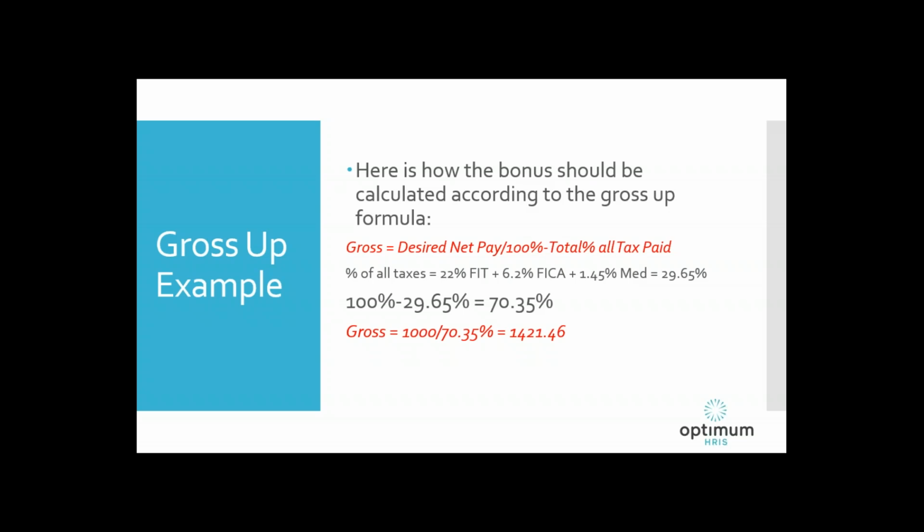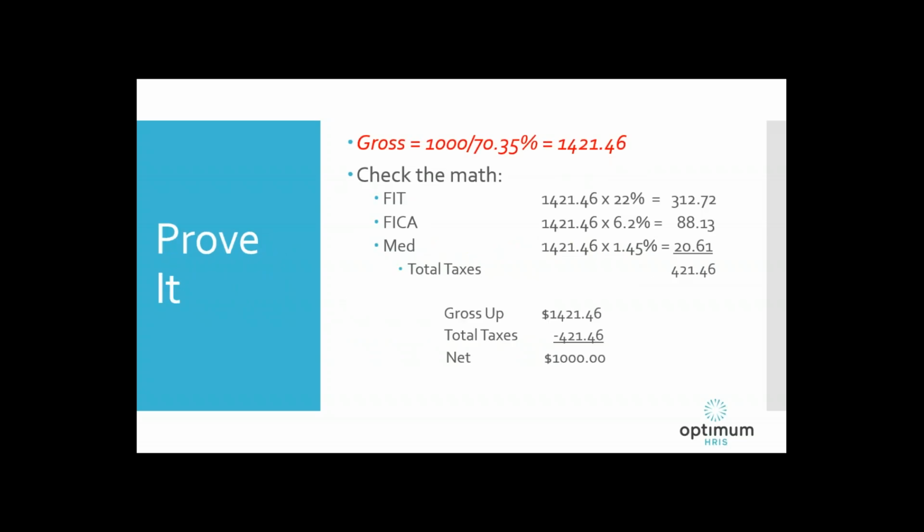In order to pay all taxes for the employee, the gross needs to be $1,421.46 so that the net will end up at $1,000. Well, let's prove our math. Using the federal 22% supplemental rate, $1,421.46 gross at 22% is $312.72.